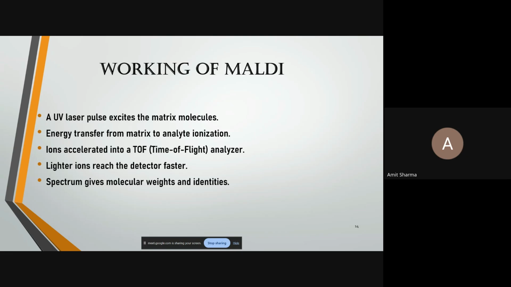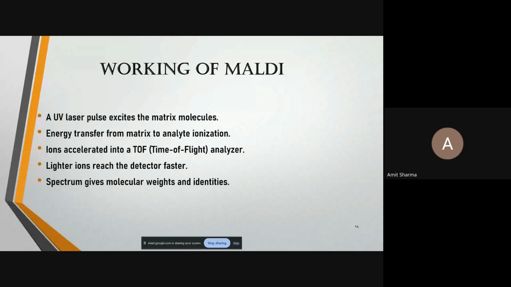The first process is sample preparation. We mix our sample with a matrix solution. This matrix can be a small organic compound that absorbs the wavelength of the applied laser. The common matrices that are usually used are nicotinic acid, urea, sinapinic acid, and other substances.